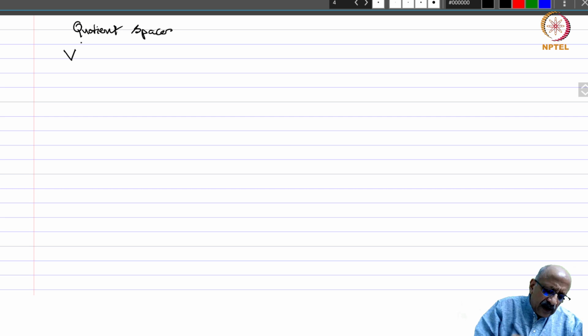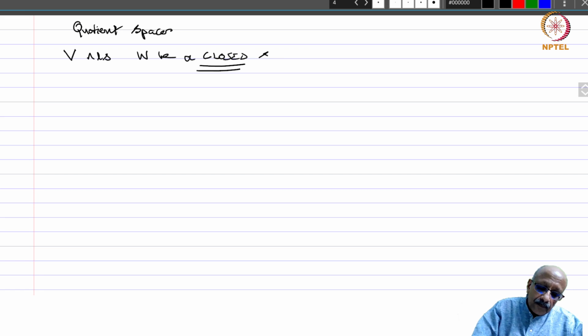So we have that V is a normed linear space, and let W be a closed subspace. This is important, and we will see in a moment why we want it.